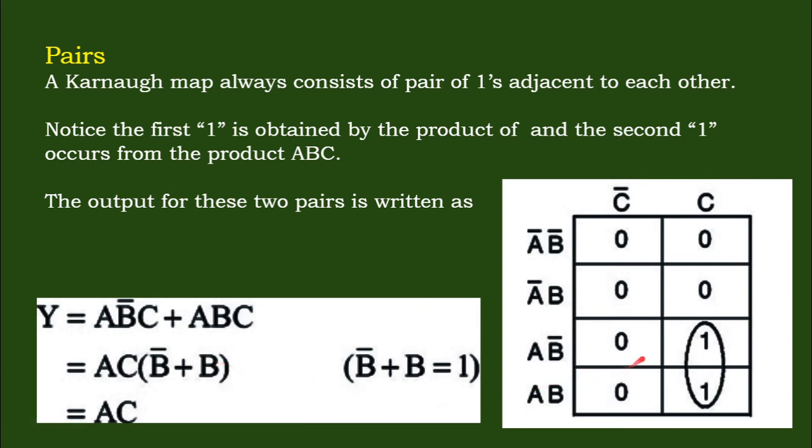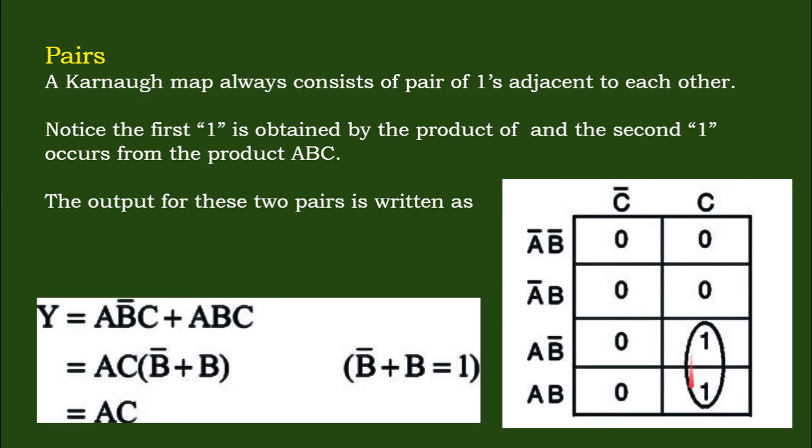Otherwise, what we can do is, when you start writing the equation, we find the area in which the pair is occupied. Now this pair occupies AB bar and AB horizontally, as well as vertically it occupies the C position.